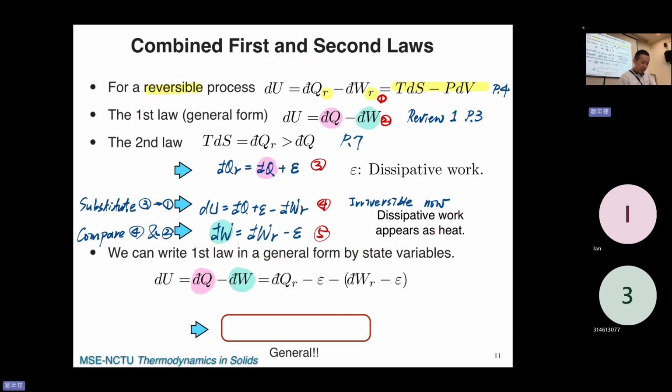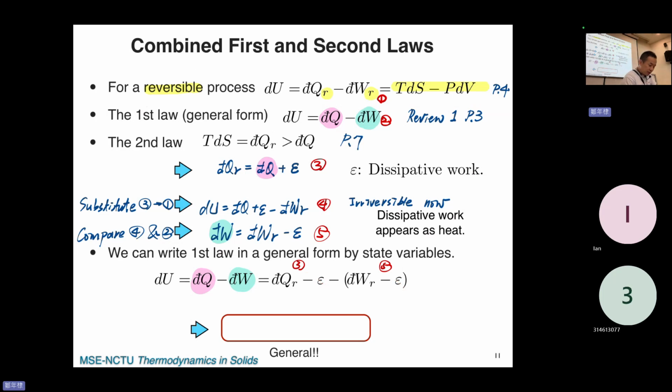You can say d bar Q equals d bar QR minus epsilon, and d bar W is d bar WR minus epsilon, and there's a minus sign. So you can see here is equation 3, here is equation 5, and you notice that they can be canceled.